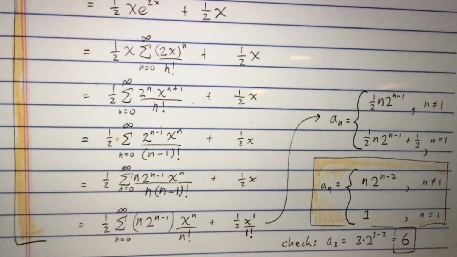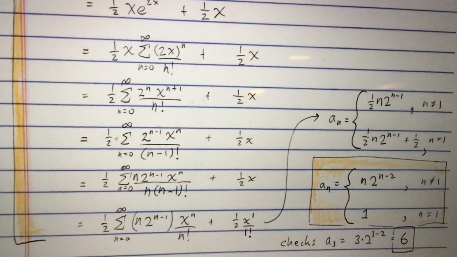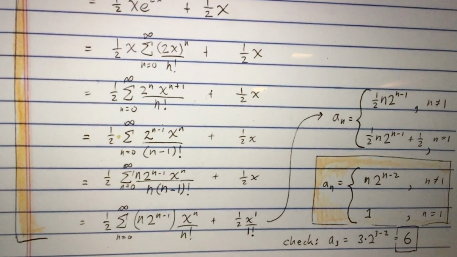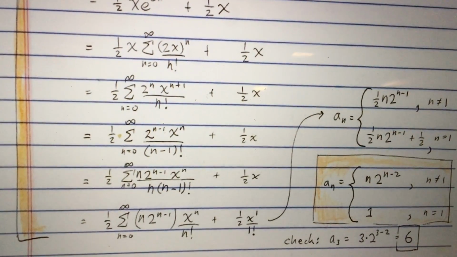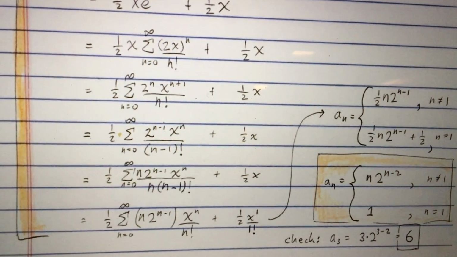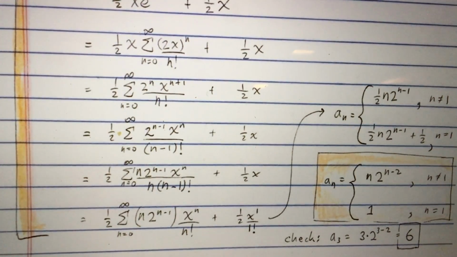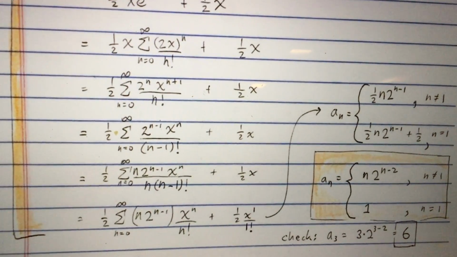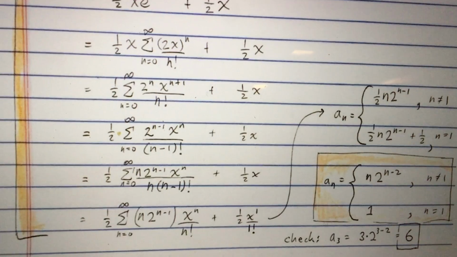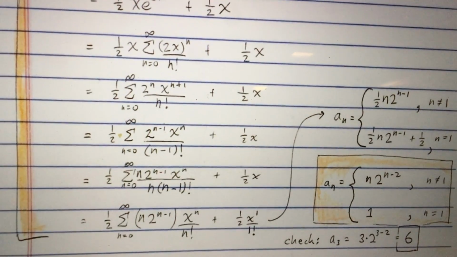I was seeing the future there because the next step is to multiply on top and bottom of the fraction by n. The reason for that is because we really want n factorial underneath to match x to the n on top. It had n minus 1 factorial. We need to make it match. And so I need to multiply by the same thing on top and bottom.